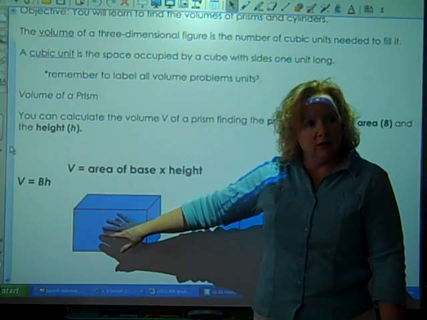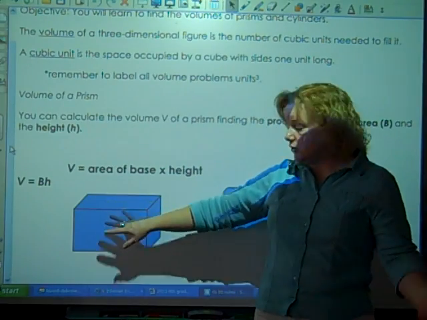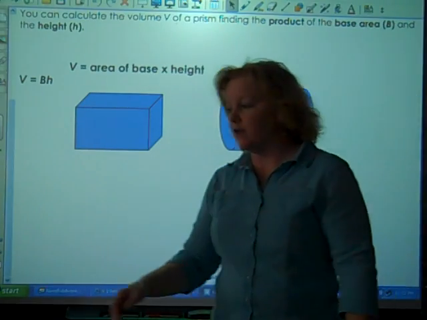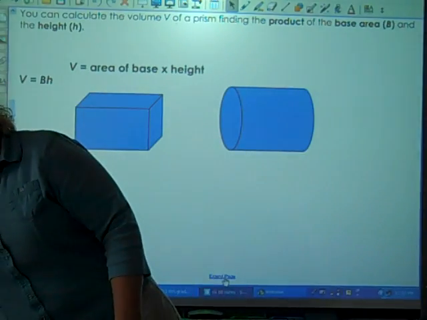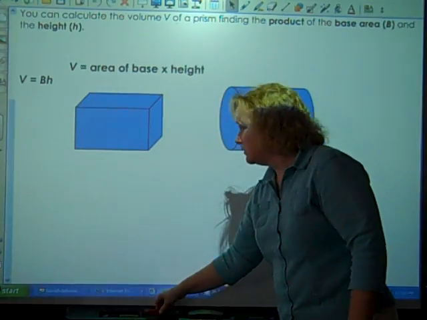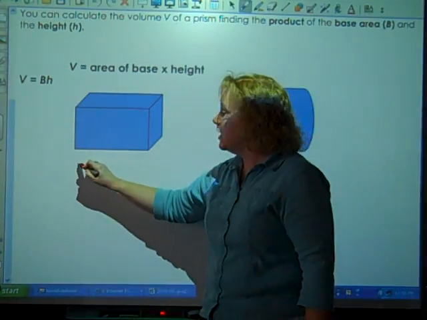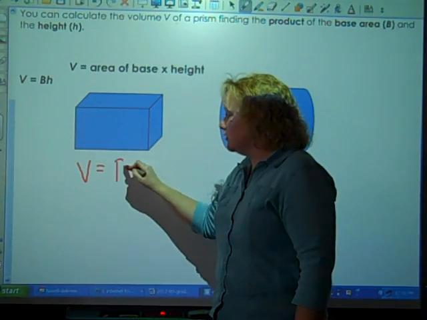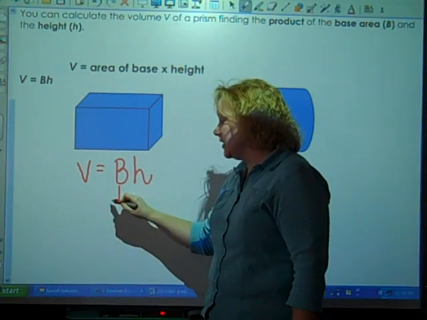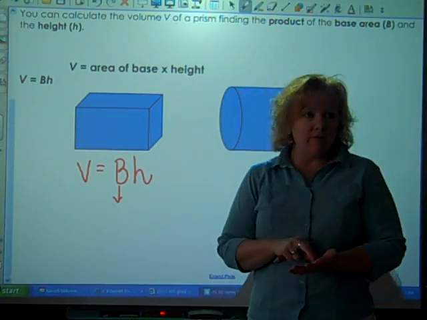So for example, I look at this shape right here. This is a rectangular prism. So what shape is the base of that figure? A rectangle. Do I know how to find the area of a rectangle? Yes. So here's volume equals base times height, but we have to recognize that that is the area of the base.